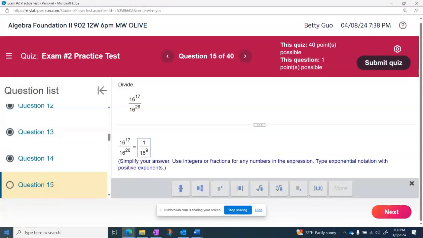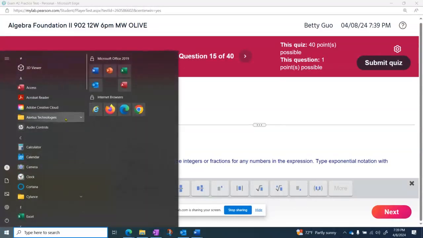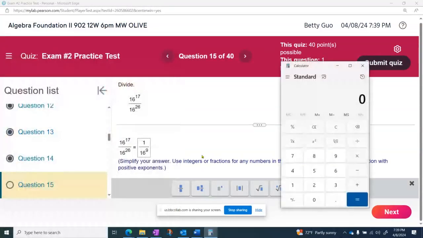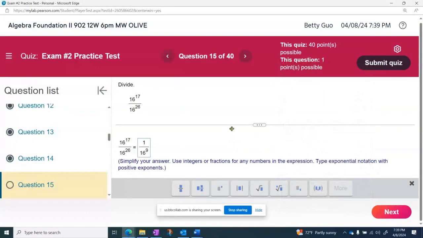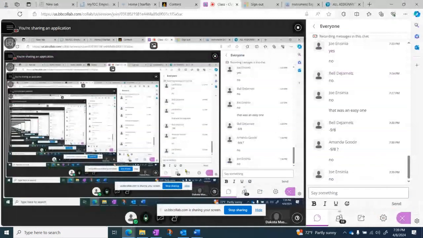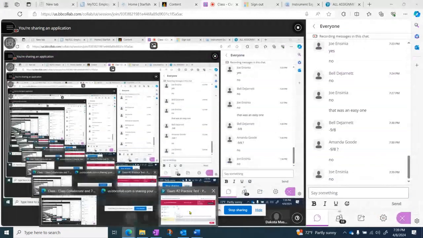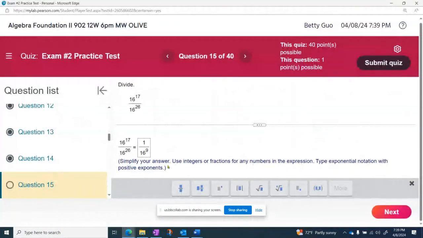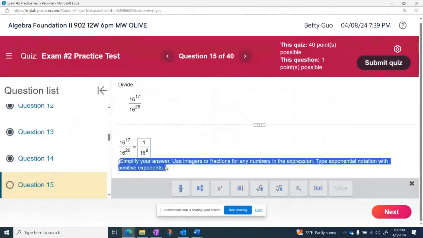What I'm trying to say is, do not spend effort asking what is 16 to the power of 9, let me figure it out and enter the number. You don't have to. If you do that, not only do you waste your time, but also you lose the point. Read the instruction in the parentheses. Very, very important. I cannot stress this enough.